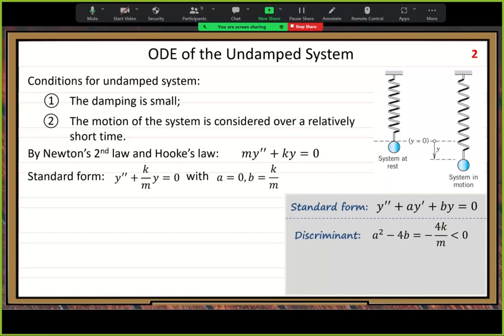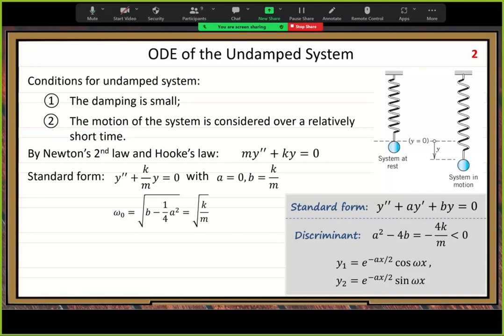So I copy the solution for case 3. y1 equals this function, y2 equals that function. But in our case, a equals 0, so the e part is gone, because e to the 0 is 1. So we only have cosine omega x and sine omega x. But we need to find the omega; here I use omega 0.